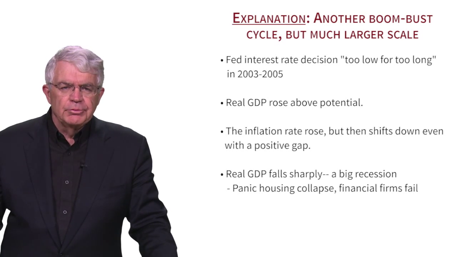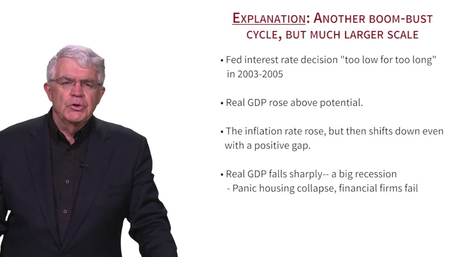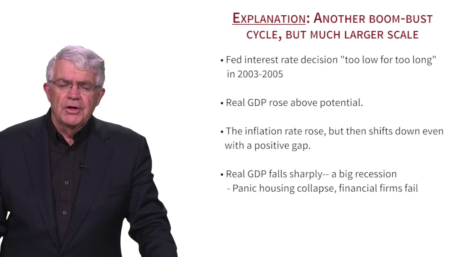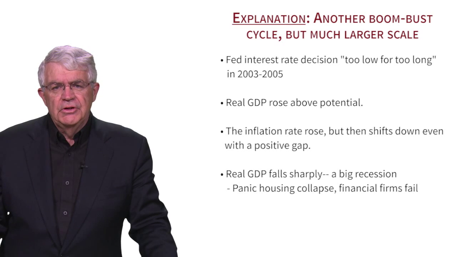And again, that could be occurring because of other measures of weakness in the economy, maybe relative to the housing market starting to collapse. In any case, real GDP then falls sharply. You saw that in the picture. It is a big recession, maybe due to the panic, maybe due to the housing collapse. Financial firms actually failing during this period. That's that sharp movement over to the left.